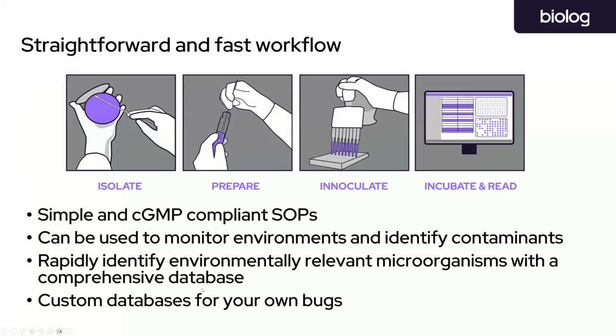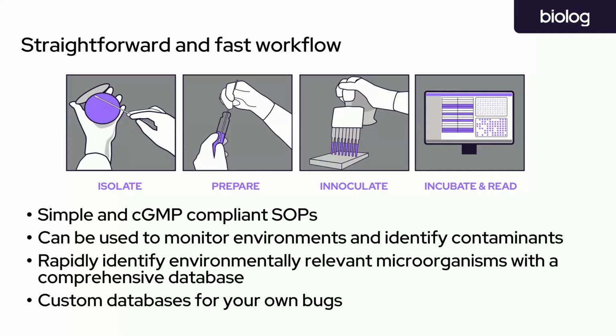And so to start using the plate, you just take your unknown microbe that's been cultured or streaked out on an agar plate, as shown in this left picture. You pick a colony and you dilute it into our minimal inoculating fluid, and then you just simply pipette that mixture into every well of the plate. And that process literally takes about 1 minute. And then you just incubate it and you read it, ideally kinetically.